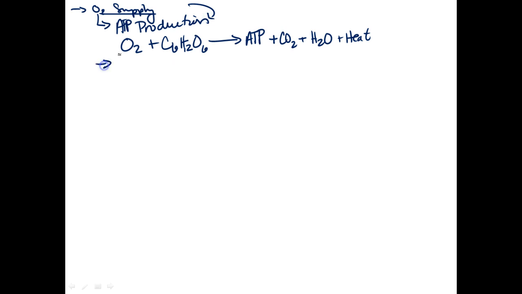So if we make this analogy, we can say the more ATP being made, the more oxygen we need.